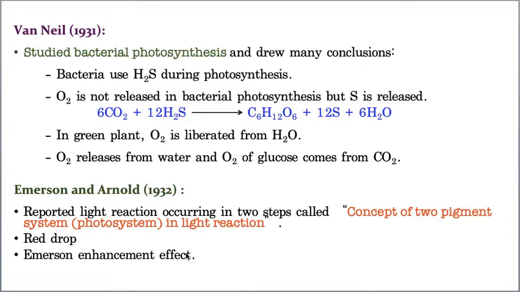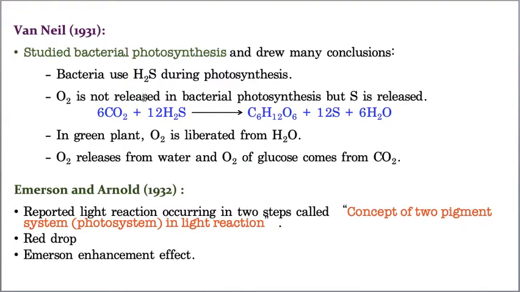See, this Van Neel is one of the most important scientists who studied photosynthesis in bacteria. Usually, everyone studies in plants, but he's the one who demonstrated photosynthesis in bacteria. And he told that bacteria utilize H2S during their photosynthesis.